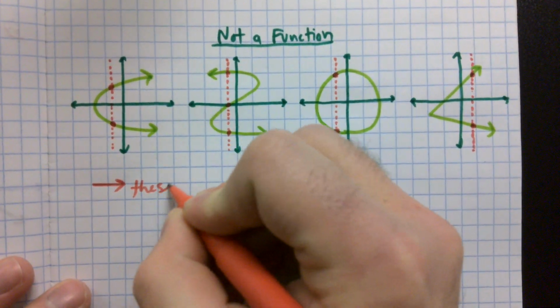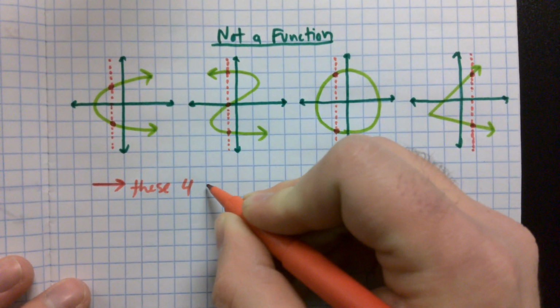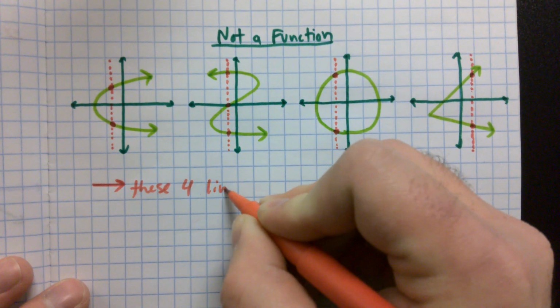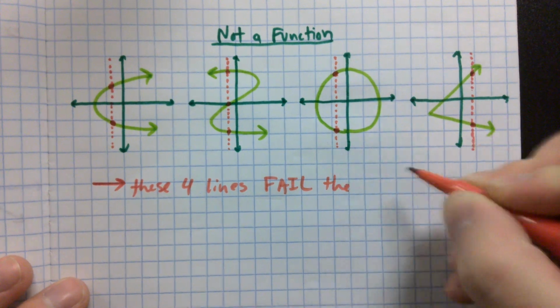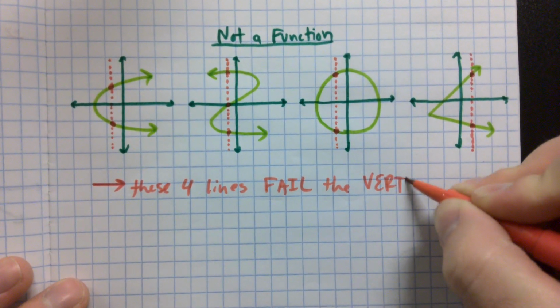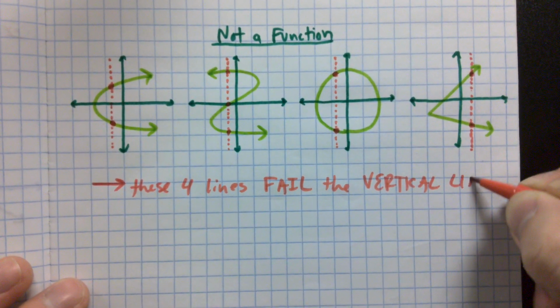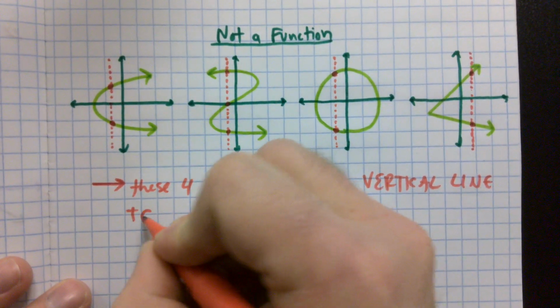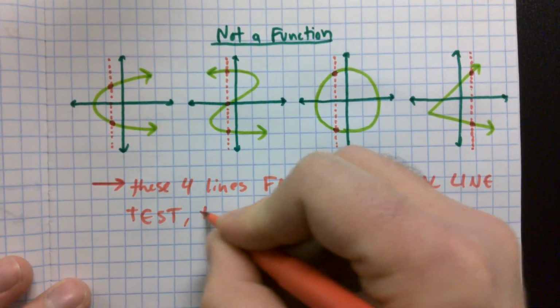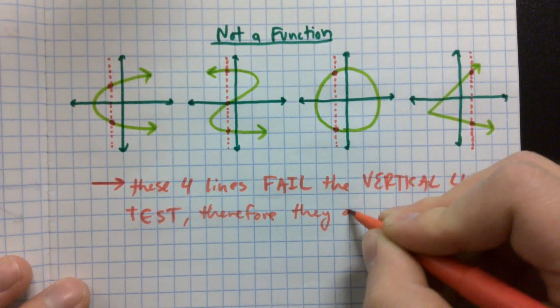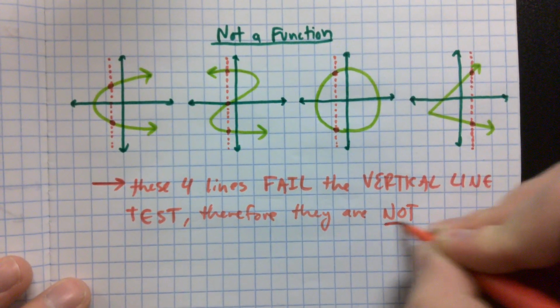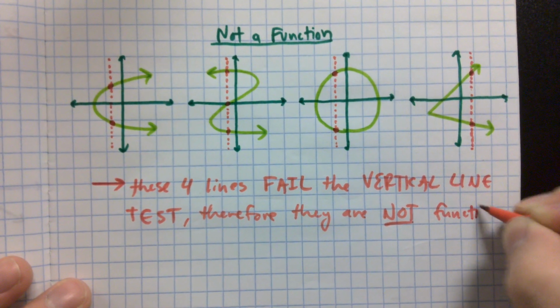So let's say these four lines fail the vertical line test. Therefore, they are not functions.